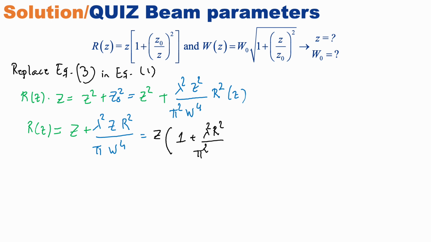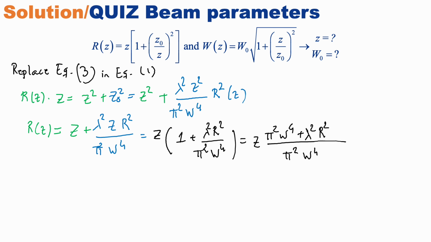This is number 2 here. So omega square. So this is like c pi square power 4 of the beam width, lambda square radius square pi square.